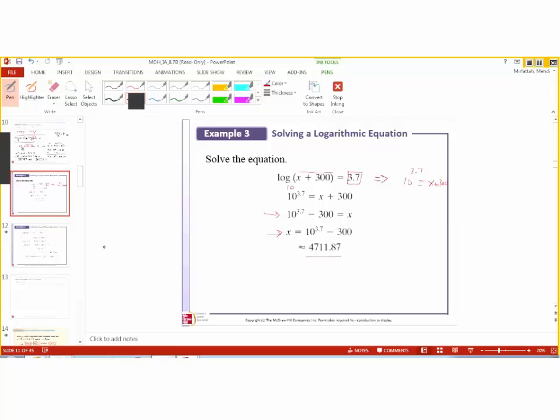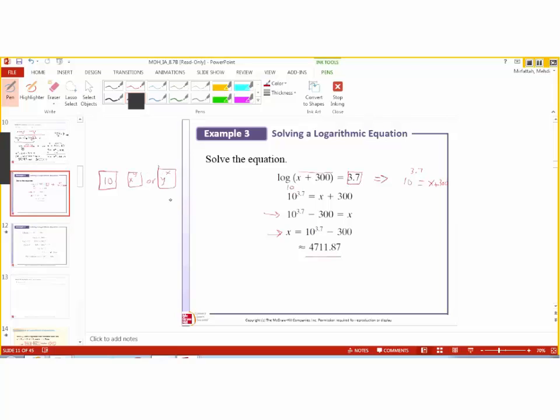Again, you have to use a calculator to evaluate 10 to the power of 3.7. So you insert in your calculator 10, and then depending on what calculator you have, sometimes you have a function called x to the power of y, or y to the power of x.